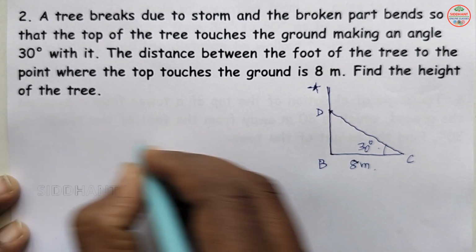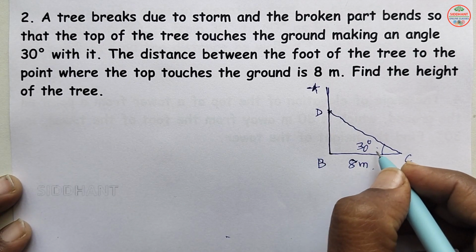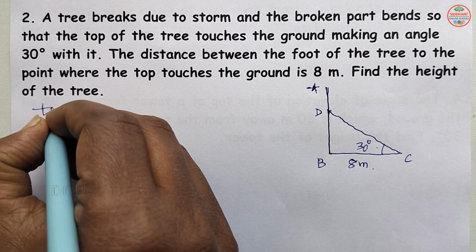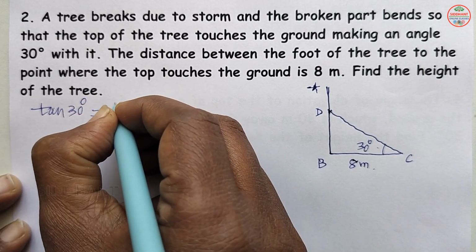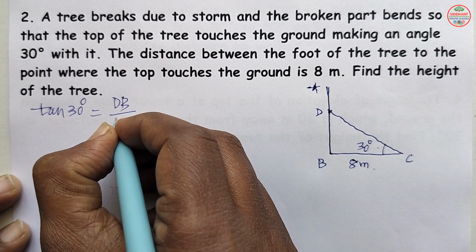So DB, how are you going to find it? Tan 30 we are going to take here. So tan 30 will be DB by BC.